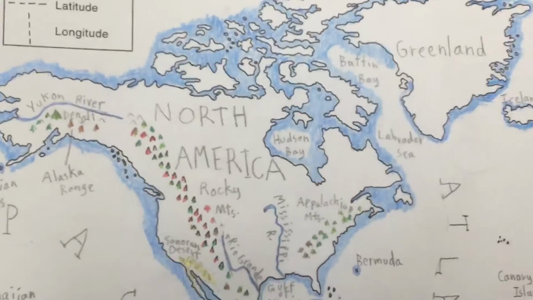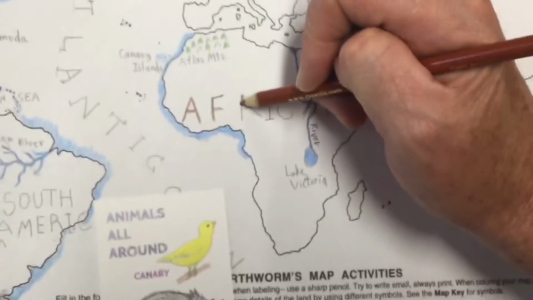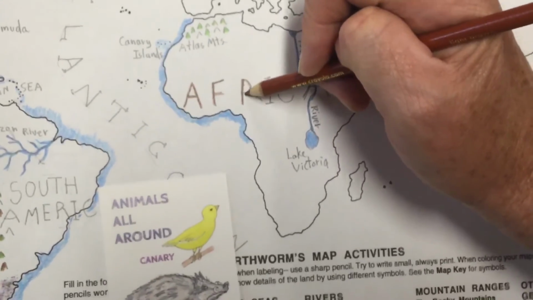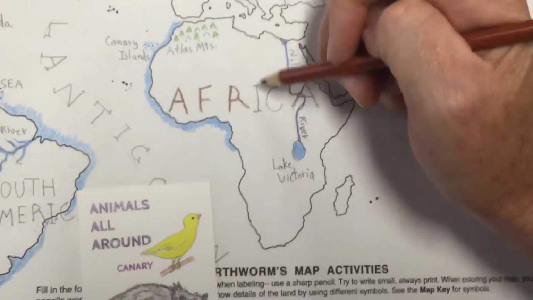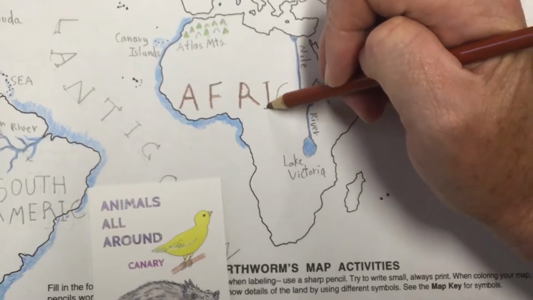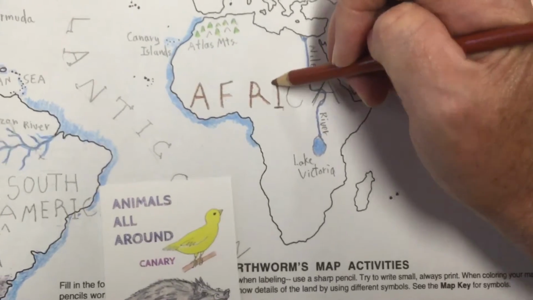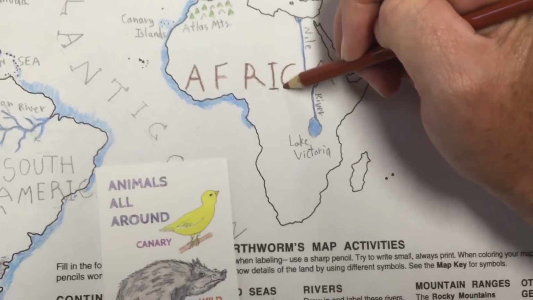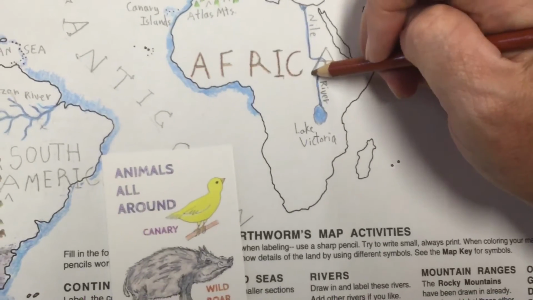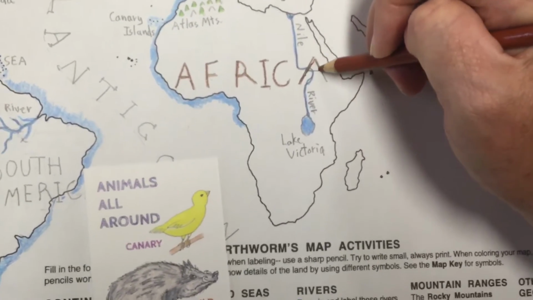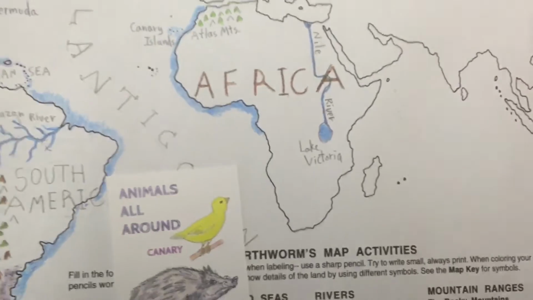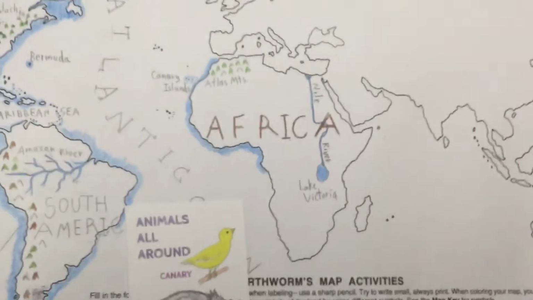I haven't done that yet, but I thought I'd show you how you could kind of highlight the name of the continent if you'd like. Once you are totally happy with the location of the letters, you don't want to do it until you're really sure about where you want those letters to be. Okay, I think that looks good.